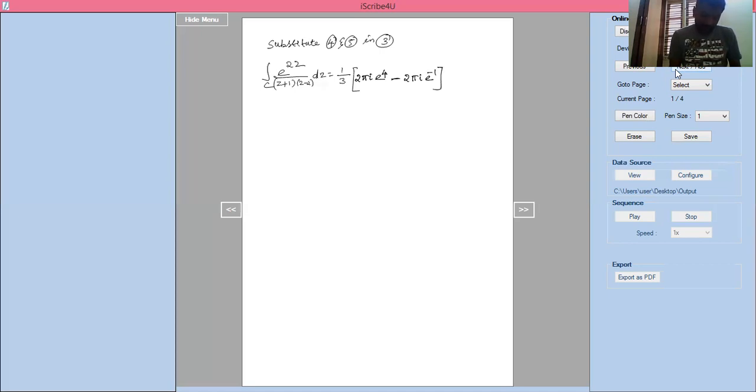Now I take 2 pi i outside, so 1 by 3 into e power 4 minus e power minus 1, which should be 1 by e. The integral over C of e power 2z divided by z plus 1 into z minus 2 into dz equals 2 pi i divided by 3 into e power 4 minus 1 by e.